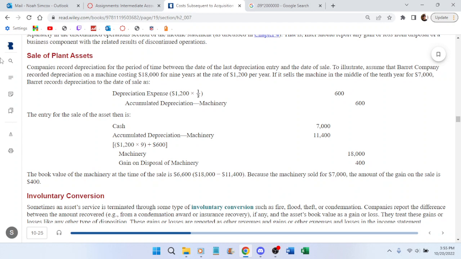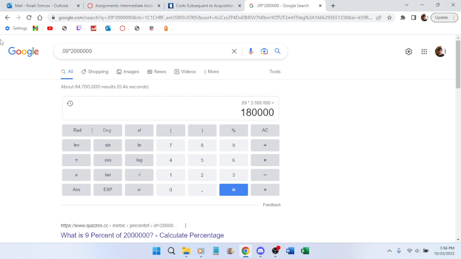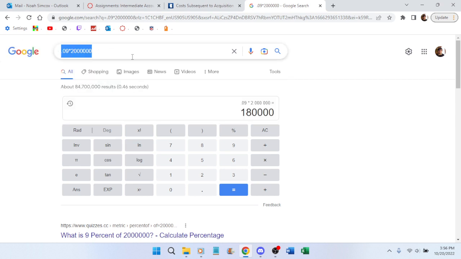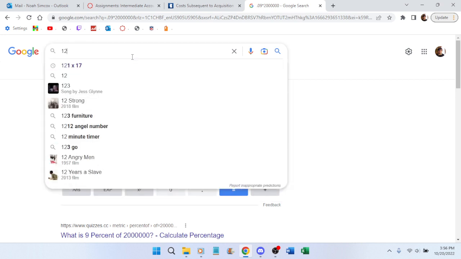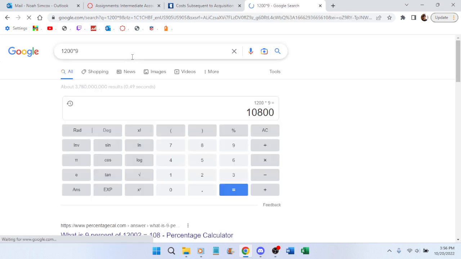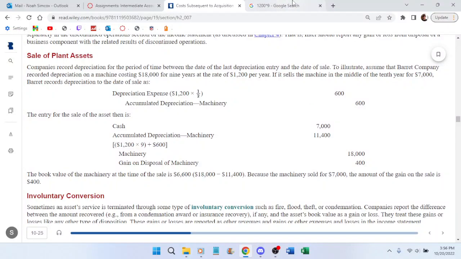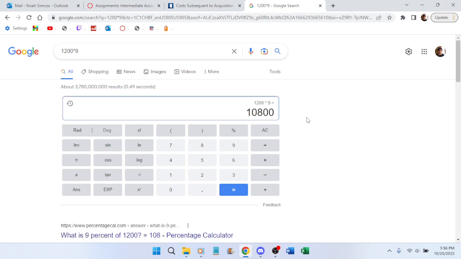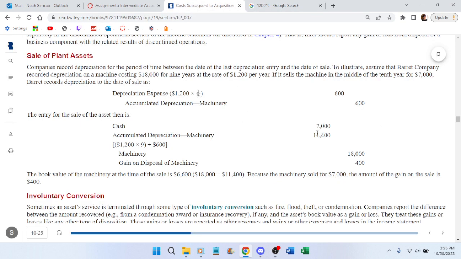So they have 1,200 times 9. Oh, man, is that my mouse or is it just me being dumb? They have 10,800 plus 600. Yes. See, I'm not stupid.